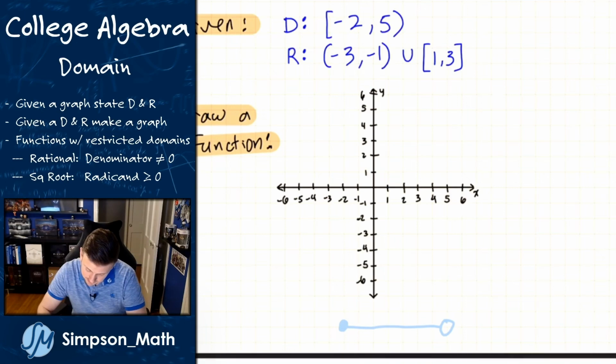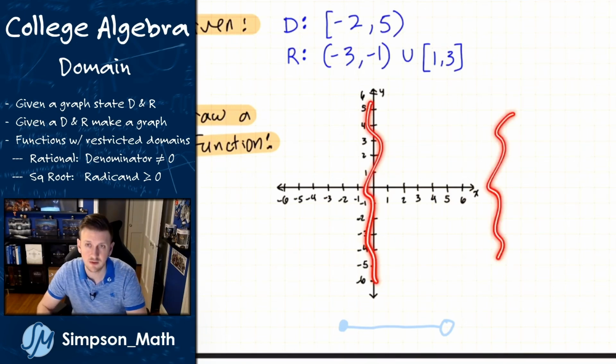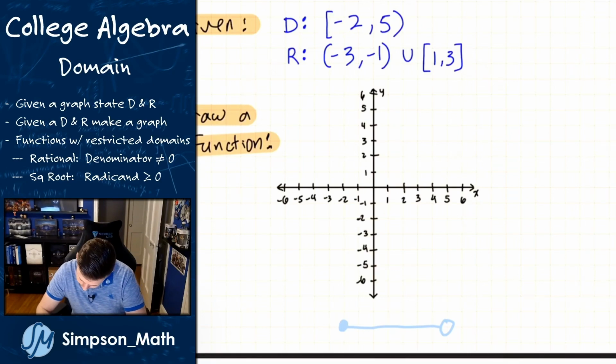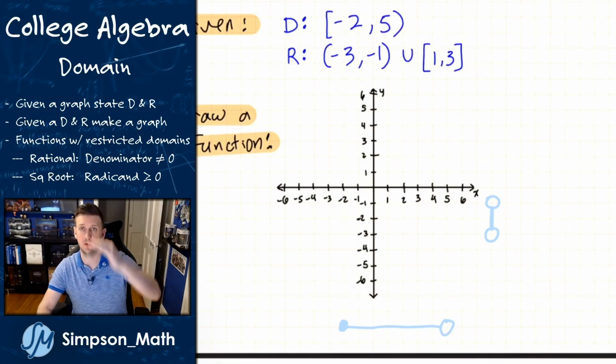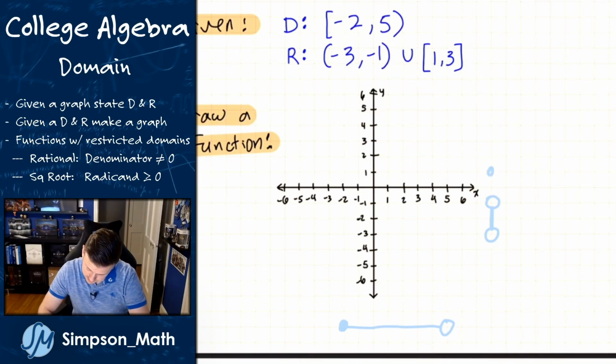So I'm going to take my y-axis and make a little note to myself over here on the side. If I have an open circle at the -3, and then an open circle at the -1, then I have things in between it. But then there's nothing between -1 and 1, but I am touching the 1 right here, and I have graph at 3.